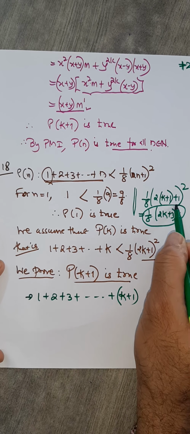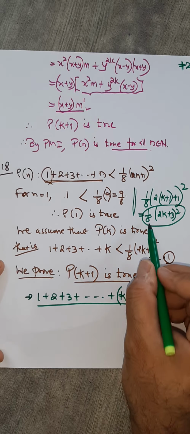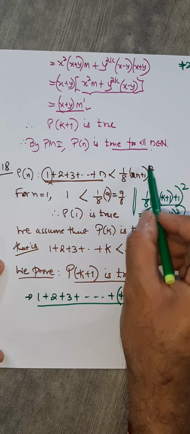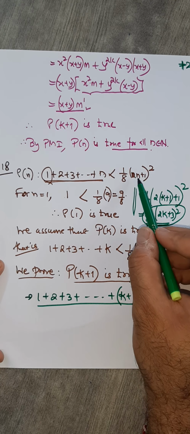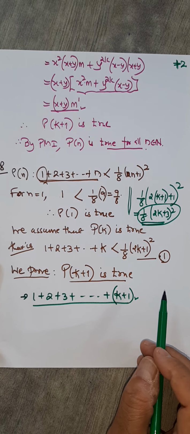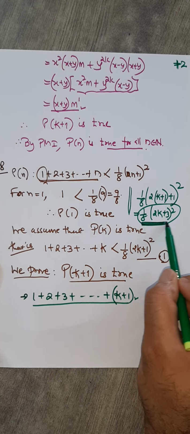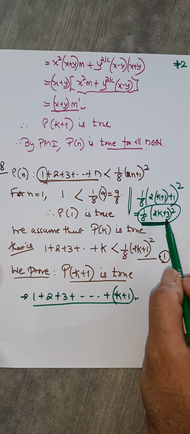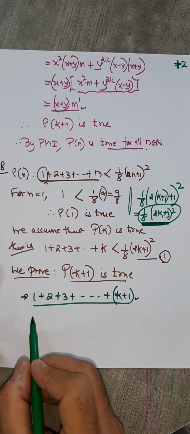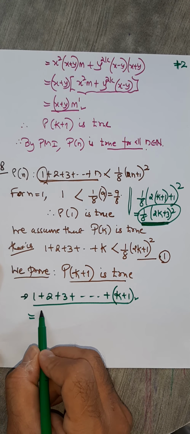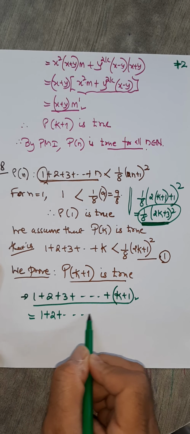We want to show that this is less than this. I just noticed what we want on the other side instead of putting n equals k plus 1, so I have this in my mind that I need this on the right hand side, remember.